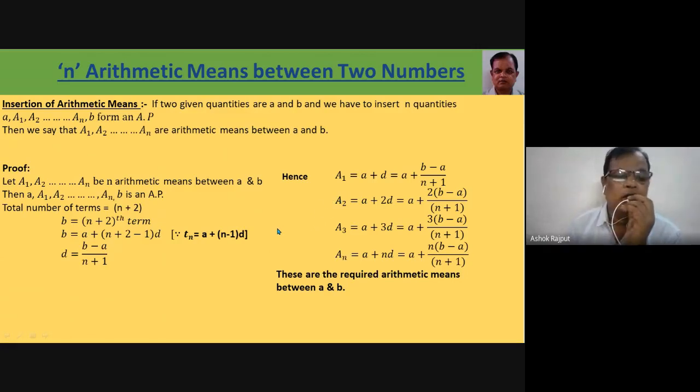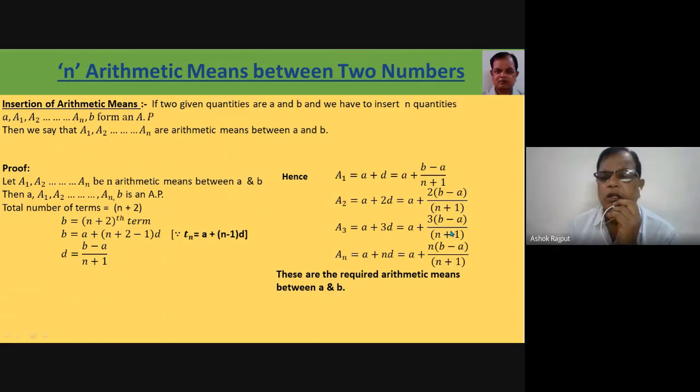Hence if we want to find the first mean, since these are in AP, it is the second term, so A1 equals a plus d. In place of d we write (b minus a) by (n plus 1). A1 equals a plus (b minus a) by (n plus 1). A2 equals a plus 2d, so a plus 2 into (b minus a) by (n plus 1).